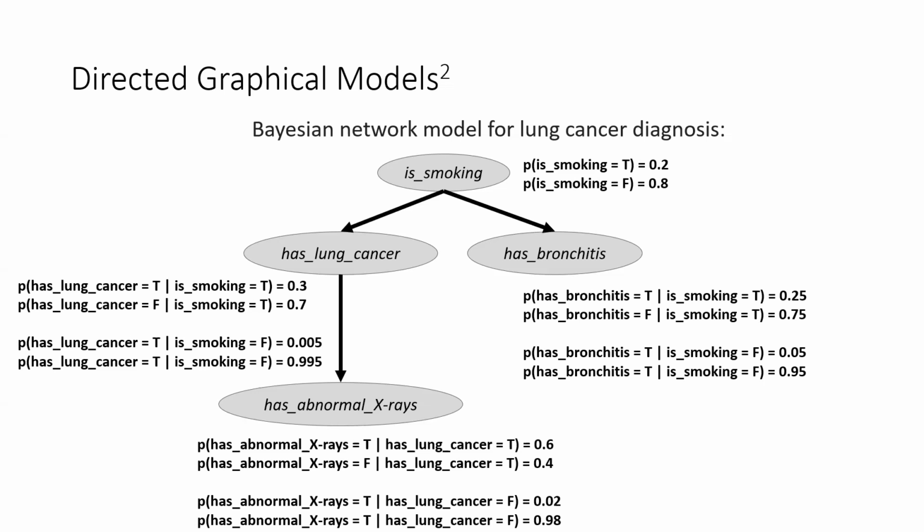So in this case, because I defined a set of causal relationships, that smoking causes cancer or bronchitis, and lung cancer causes abnormal X-rays, I've already defined a graphical model where the nodes are all these conditions: smoking, lung cancer, bronchitis, and abnormal X-rays. And the edges are the relationships between these variables, as I defined.